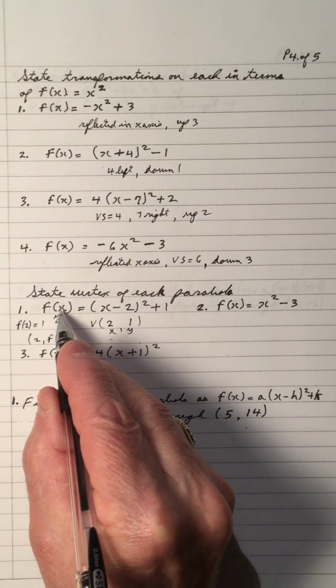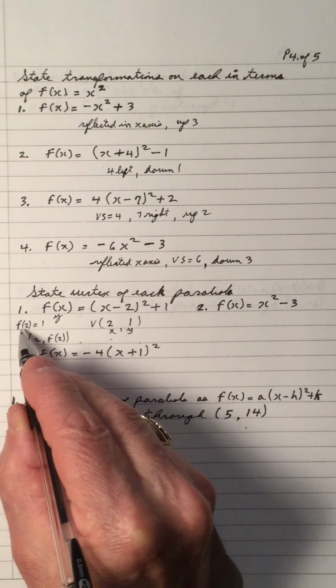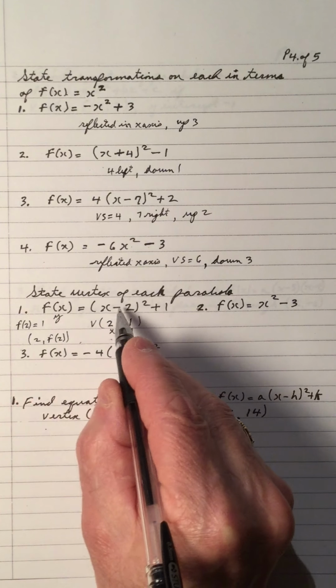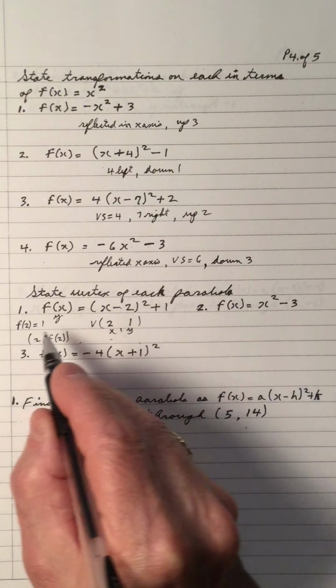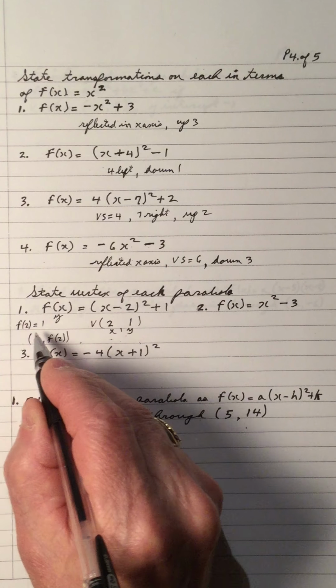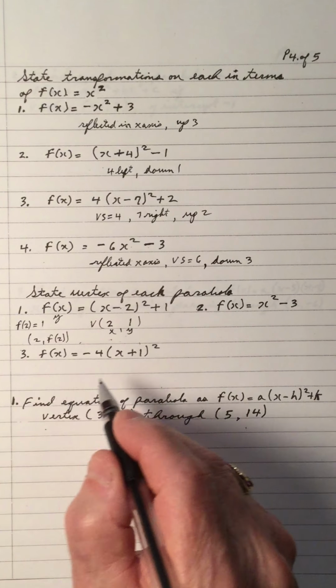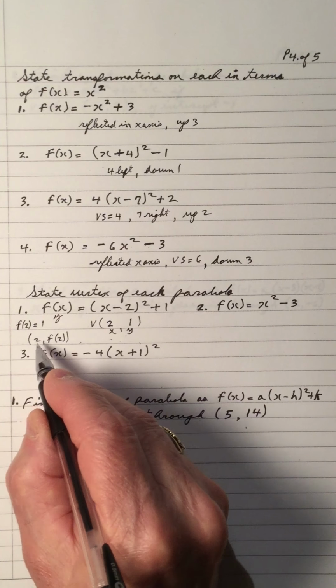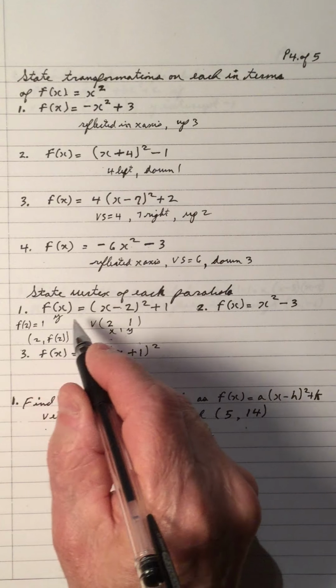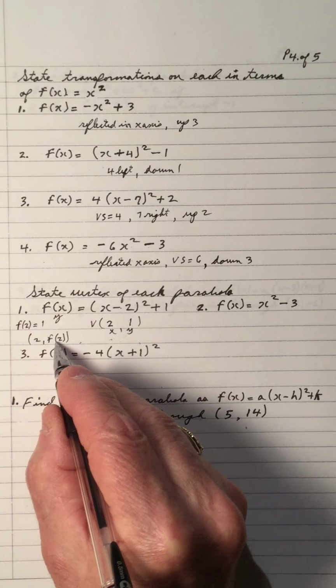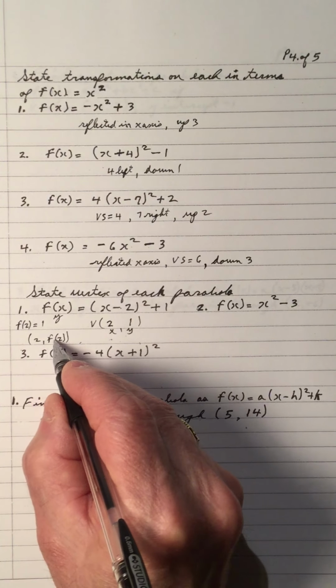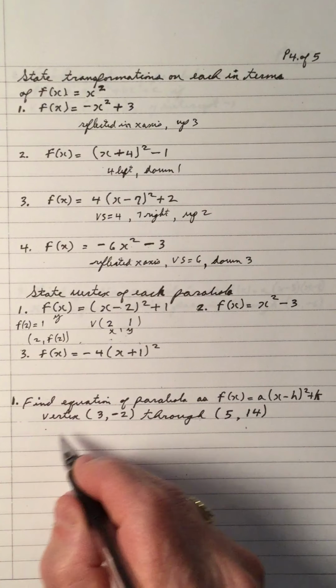So the f of 2, when you plug 2 in, x is 2, you'll get 1. So that's the same as when x is 2, y is 1. So that's 2 comma 1 right here, same as this.